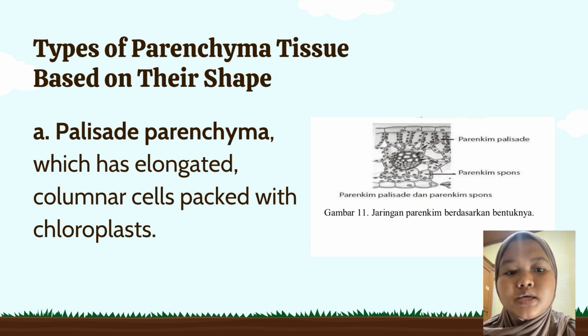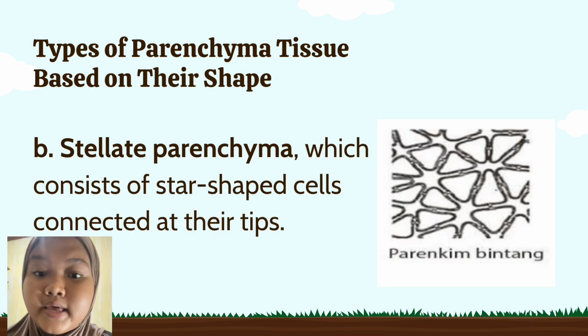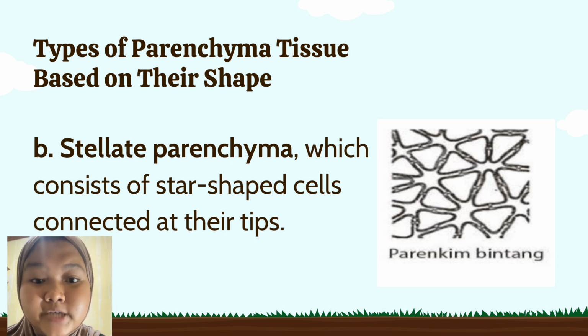It is sometimes found in seeds and the mesophyll of leaves. The next is stellate parenchyma, which consists of star-shaped cells connected at their tips. This type of parenchyma is also known as actinenchyma. It is found in the flower, stem, or petiole of canna plants.